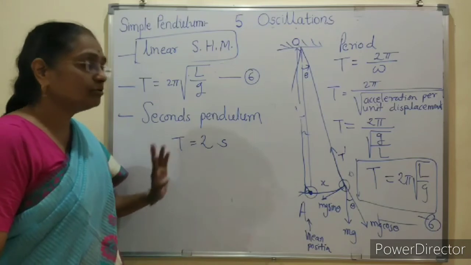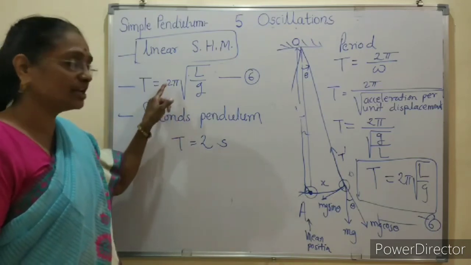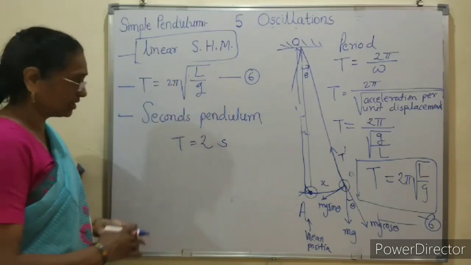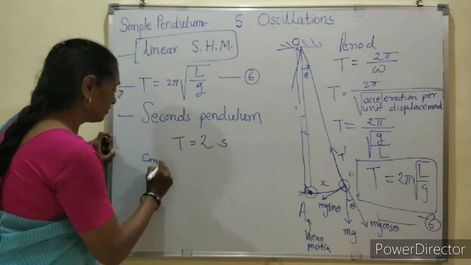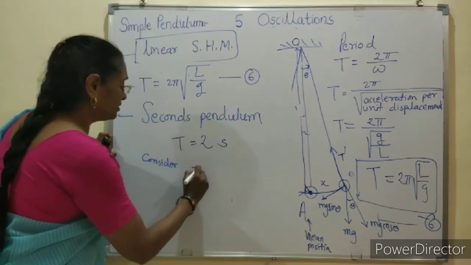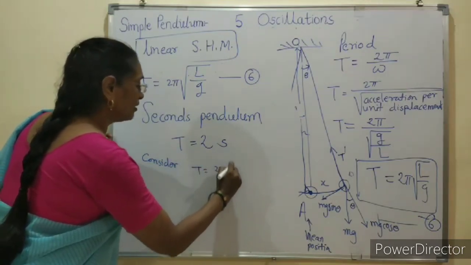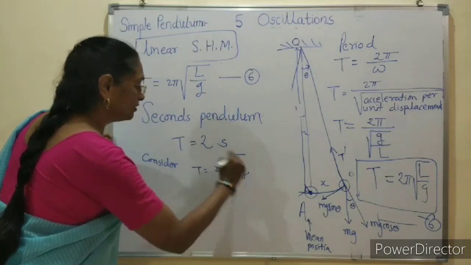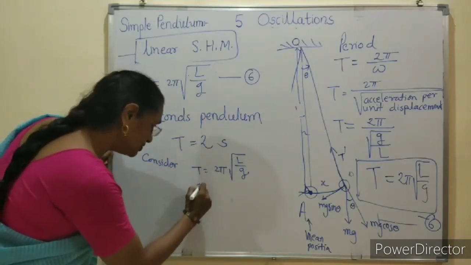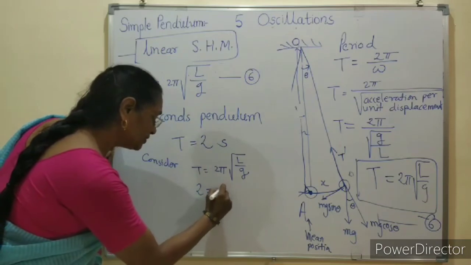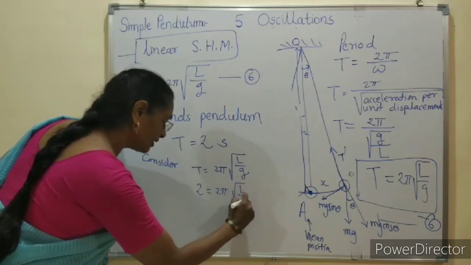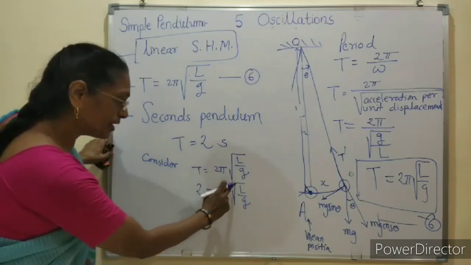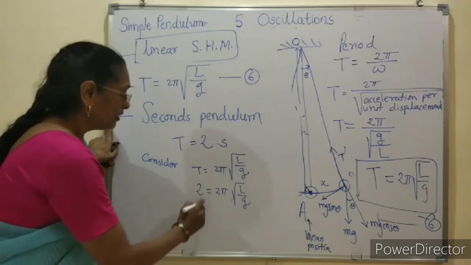We have to derive the expression for its length from the equation 6. So consider T is equal to twice pi under root L upon G. If we substitute T is equal to 2, we get 2 is equal to twice pi under root L upon G.